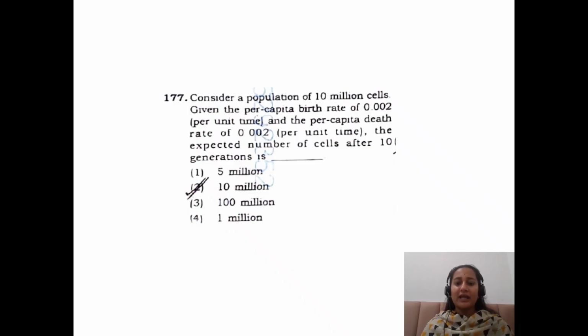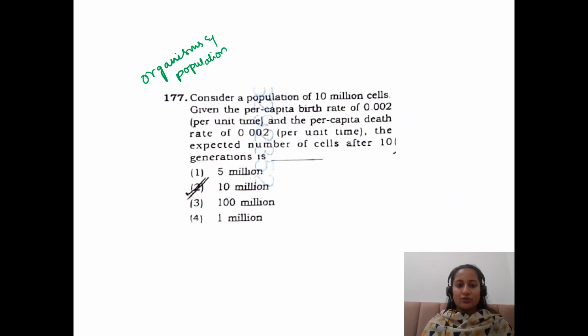Consider a population of 10 million cells, given per capita birth rate is this. So this question is also from organisms and population. Consider the population of 10 million cells.